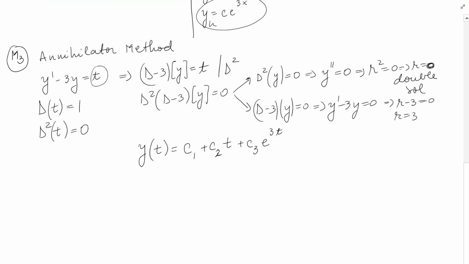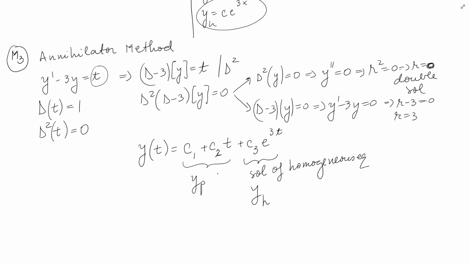So having this, and because we've done the homogeneous equation several times before, we know that this is the solution of the homogeneous equation. So basically it's y_h, and this one would be the particular solution. And we already know c1, c2, and c3, so I'm not going to do them again.